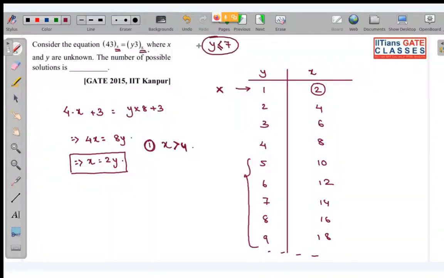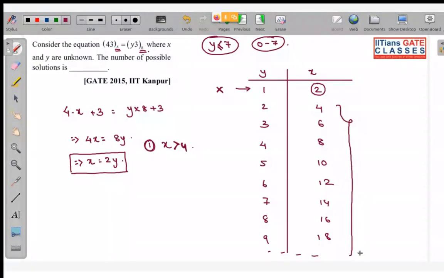Why? Because here the base is 8, and if the base is 8, then a valid digit can be from 0 to 7 only. Sorry, I am very wrong here. So x needs to be greater than 4.